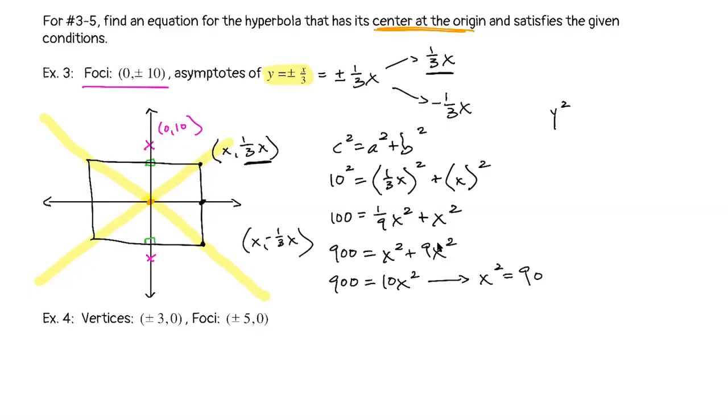So y squared over something minus x squared over something equals 1, all right? Now I know that that's y squared because my hyperbolas open up and down, and so this 90 is going to go under the x.